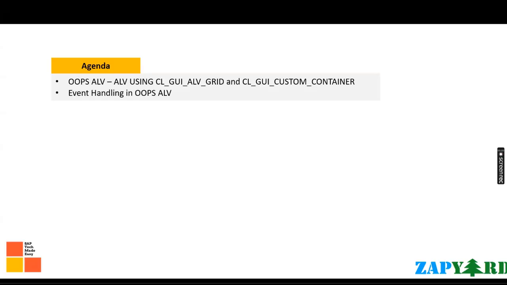First we created a screen. In that screen, we created a custom container. We gave the name for that custom container, then created the object of that custom container, and then created the object of CL_GUI_ALV_GRID by passing the reference of the custom container object, and then we displayed the data.